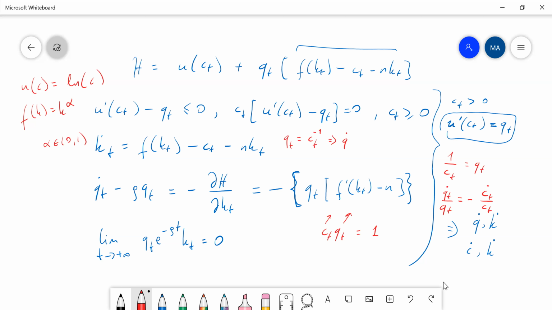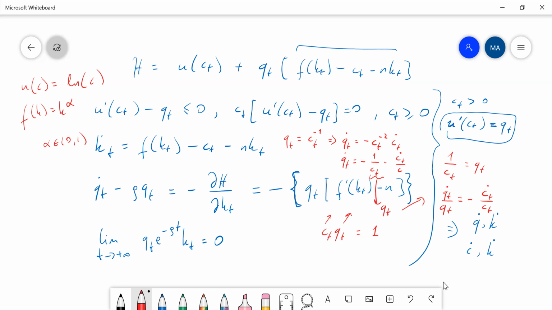Then Q dot is equal to minus C to the minus 2 times C dot_t, right? Then you have Q dot_t equals minus 1 over C_t times C dot_t. But this itself is Q, right?